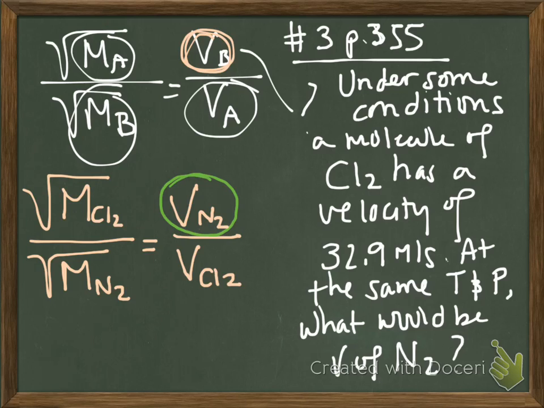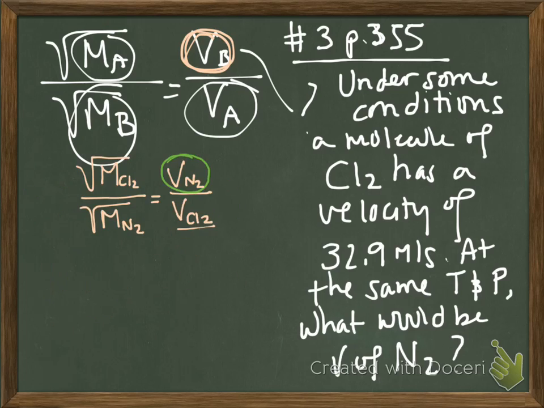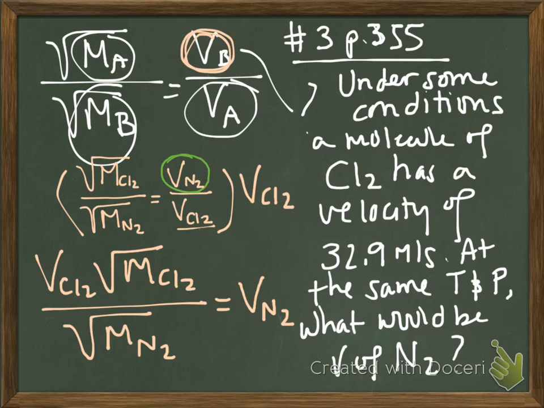So to solve for that, we just multiply both sides by our velocity of Cl2. In algebra, as long as we do the same thing to both sides, we can do anything we darn well please. We're going to multiply both sides by the velocity of chlorine, and at this point, it's just a matter of plugging numbers in to get the velocity of your nitrogen.